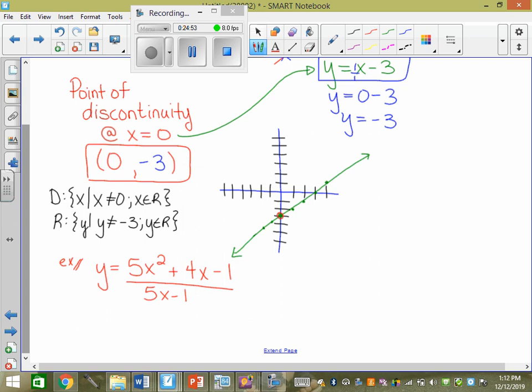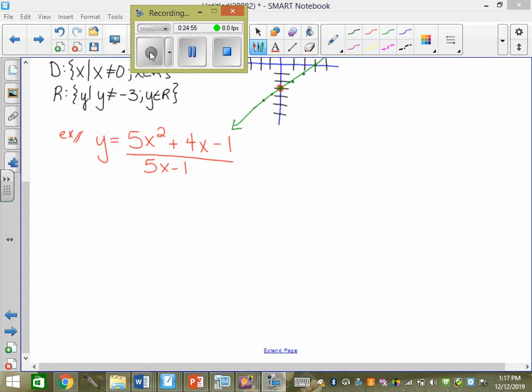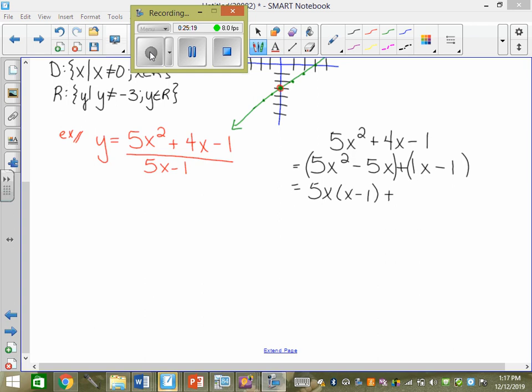Yeah. So we factor 5x squared plus 4x minus 1. And we say what multiplies to give us negative 5 and adds to give us positive 4. Okay. You take a 5x out and you're left with x minus 1. You take out a plus 1 and you're left with x minus 1. So it factors to 5x. Something is wrong.